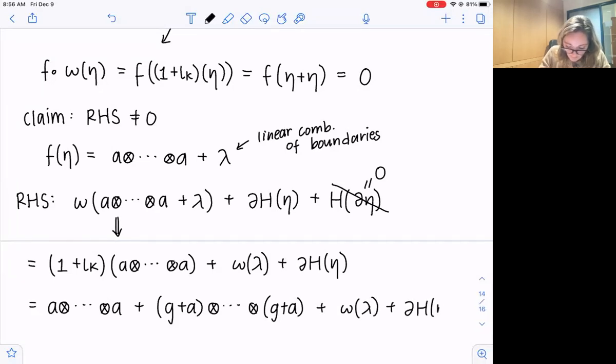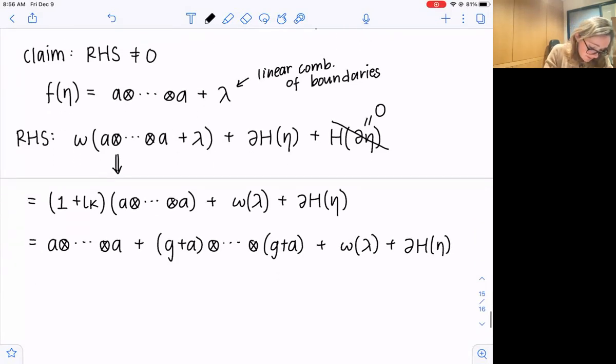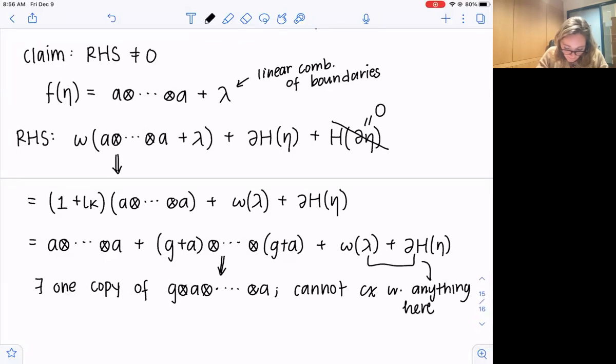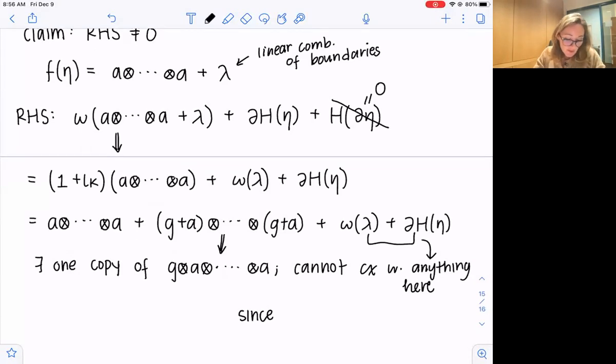And so finally, we can claim that there exists exactly one copy of the element G tensor A tensor n minus 1 times with A, and that this cannot cancel. So sorry, maybe this is contributed by this, and it cannot cancel with anything here, since we've shown that omega of G is 0 and G doesn't show up anywhere else.